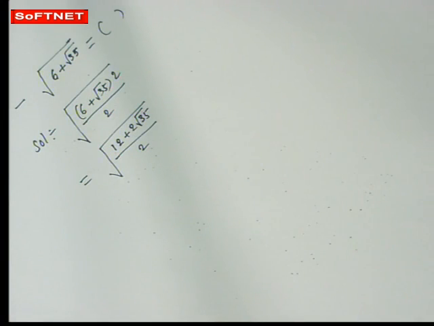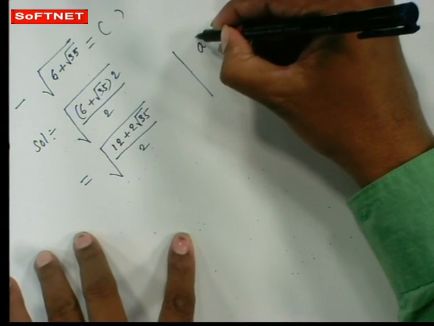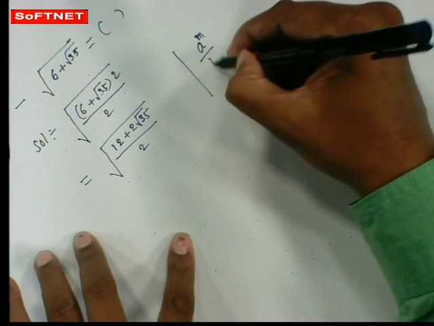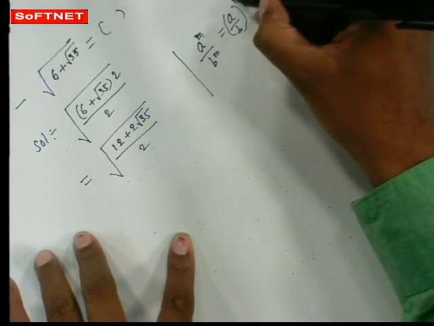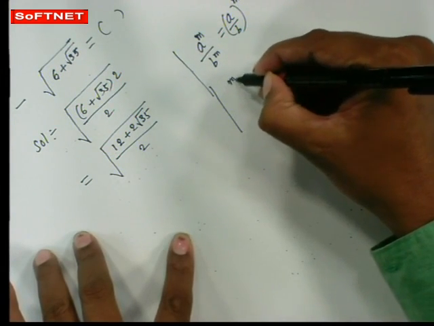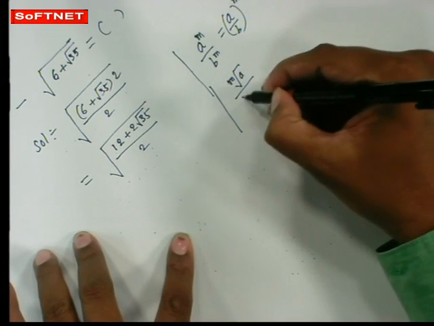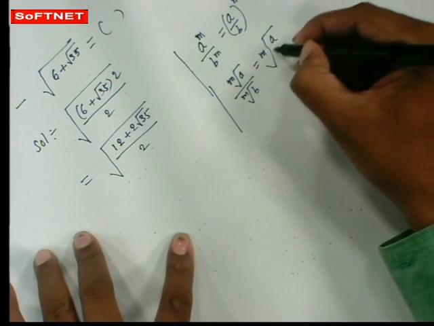Here, let us discuss the theory of indices. In the 8th class, you might have come across this formula: a to the power of m by b to the power of m is equal to a by b whole to the power of m, or the mth root of a by the mth root of b equals the mth root of a by b.